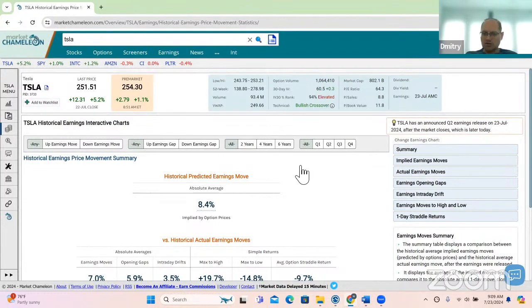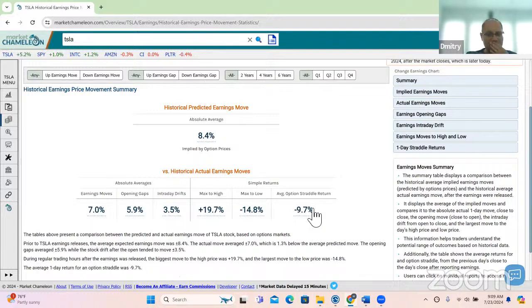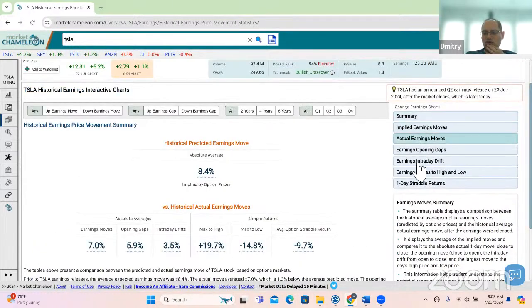So let's start on this page, and you can see there are different reports to the right that we could click on. Up top, we have this summary view, and then you go deeper into these reports. So let's look first at this summary.